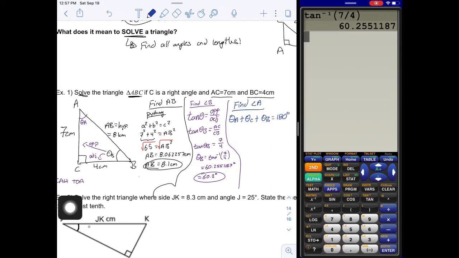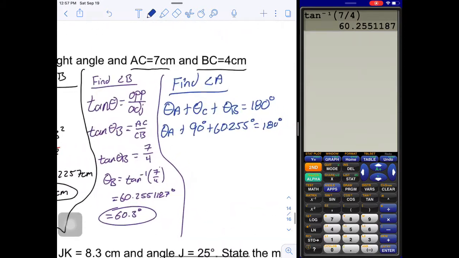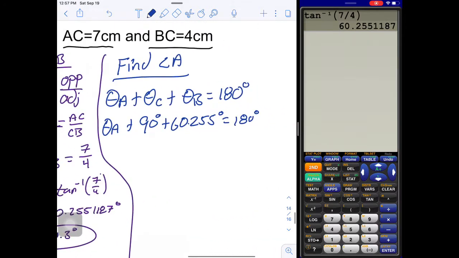So first off, angle A plus angle C, which is 90 degrees, plus 60.2551187. I'm just going to round it to 255, just so we don't run out of room here. Now, zooming into here, we can solve for A, right? A can be easily solved for. We just have to combine these and solve for it.